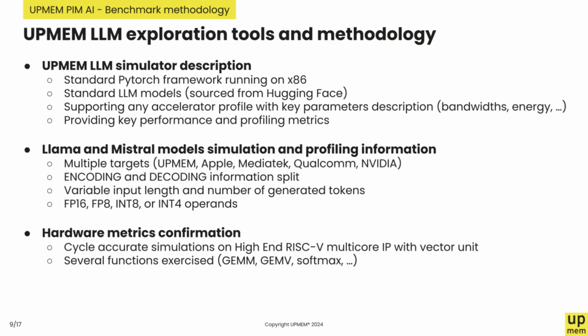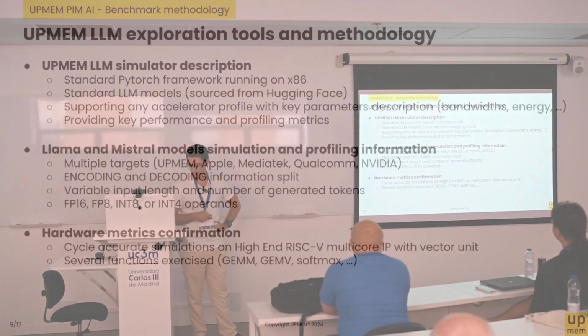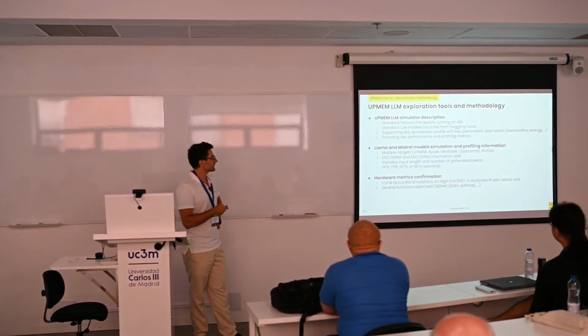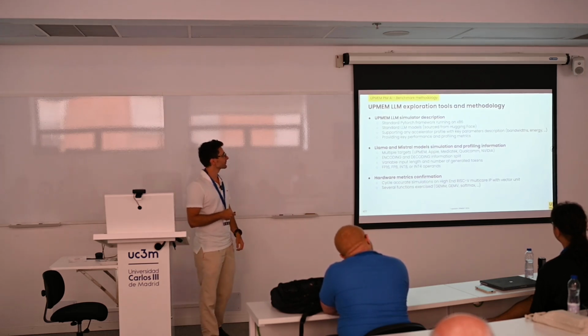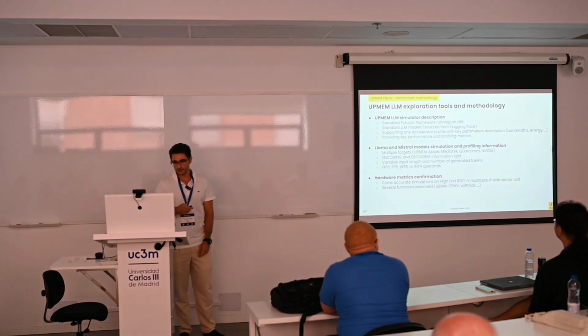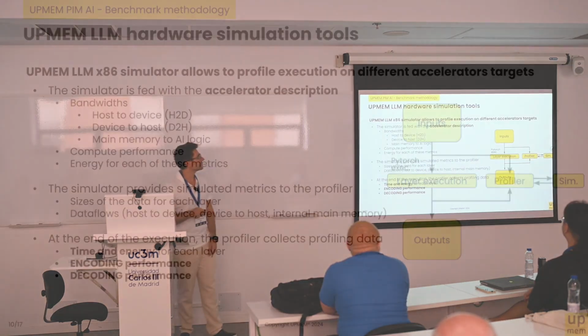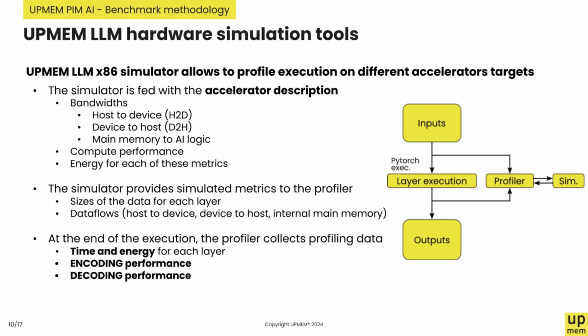Also to mention that this simulator has been developed with real information on different high-end RISC-V multi-core IPs with vector units. We know the time it takes to execute different matrix multiplications, matrix-vector multiplications, activations, etc. The simulator is quite straightforward: on the right we have top-to-bottom execution of the model.